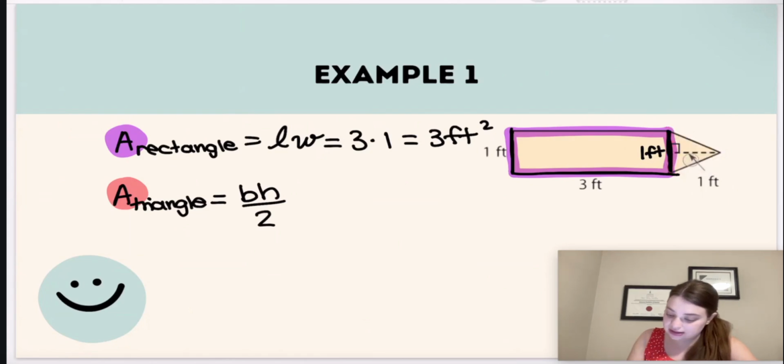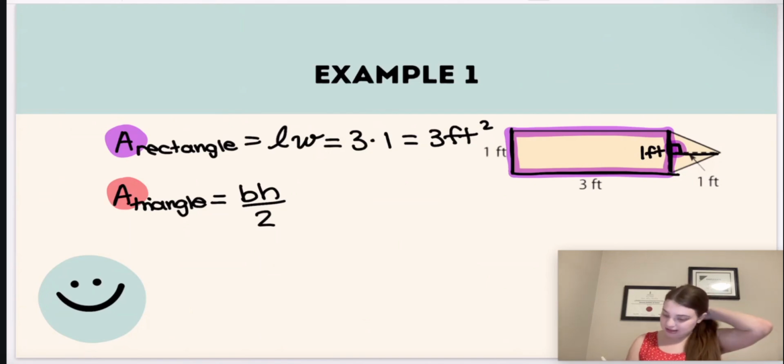The reason we know that this is the height is because it's perpendicular to the base. Notice this 90-degree angle. That is always something we want to look for when determining the height of the triangle, that it has a 90-degree angle with the base. And unless the triangle is a right triangle, the height is not actually going to also be a side length of our triangle.